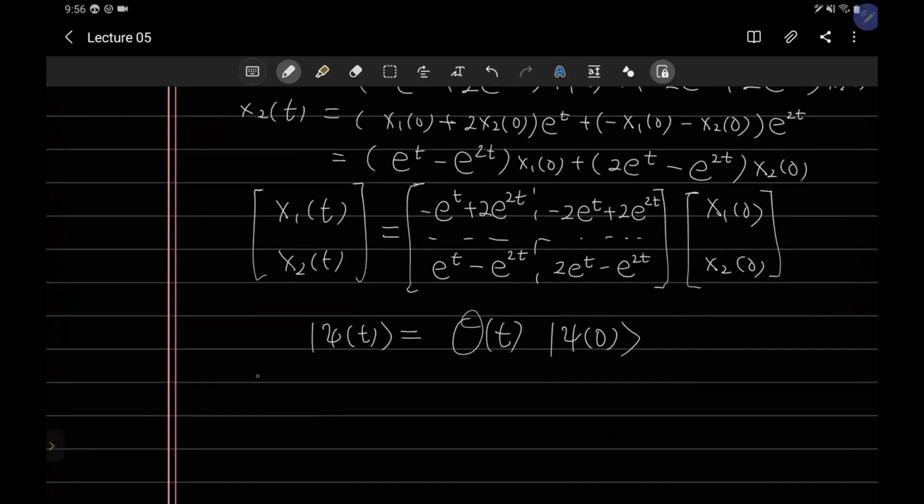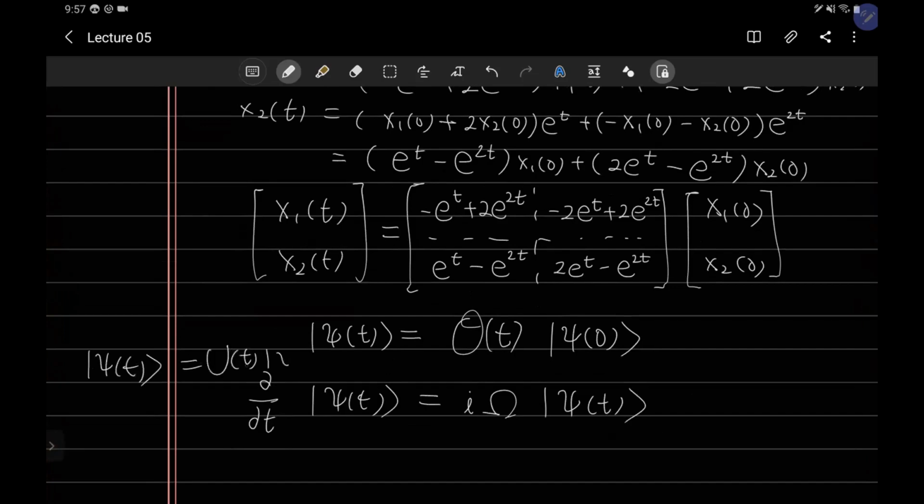Originally that equation was something like d psi of t equals i omega psi of t. So instead of having this one, I just replace psi of t with u of t psi 0, psi of 0.